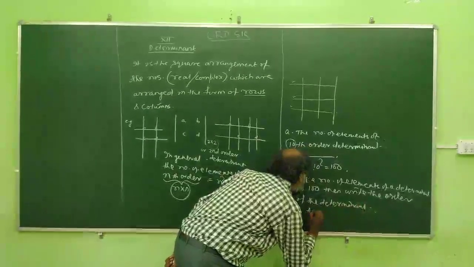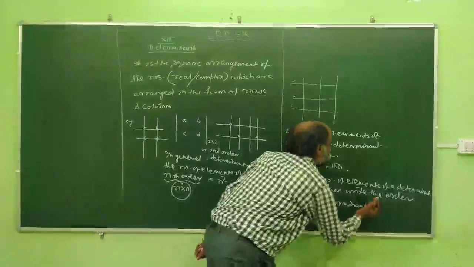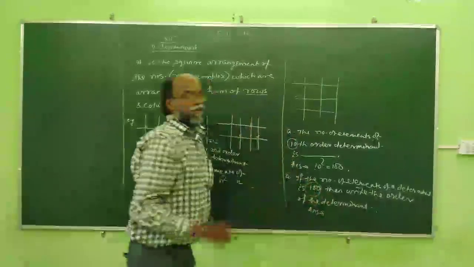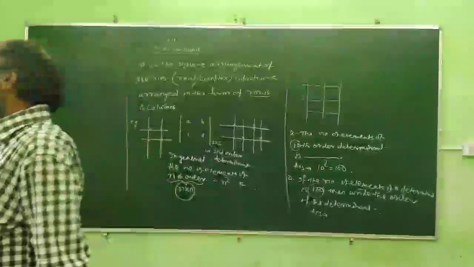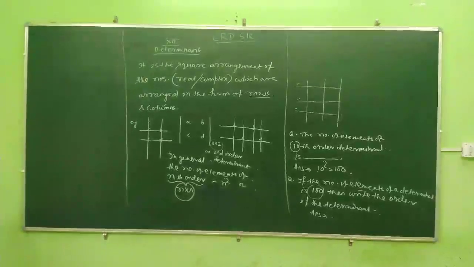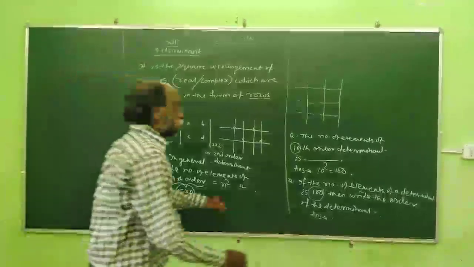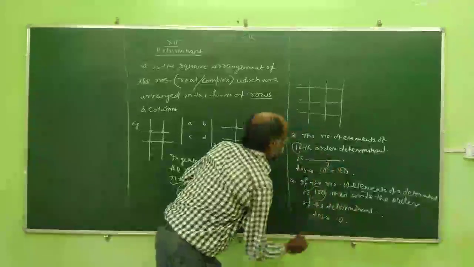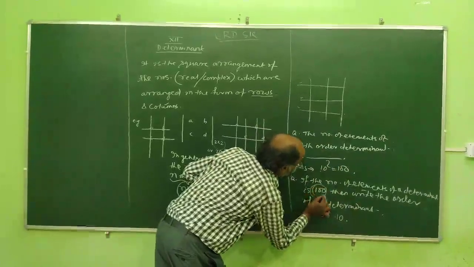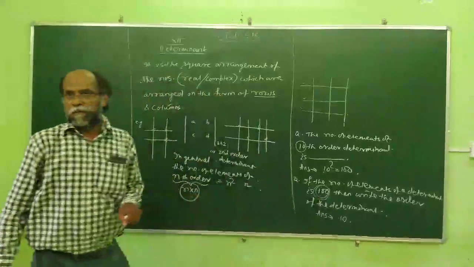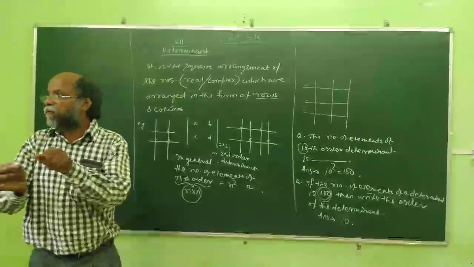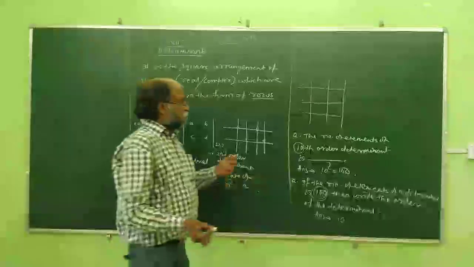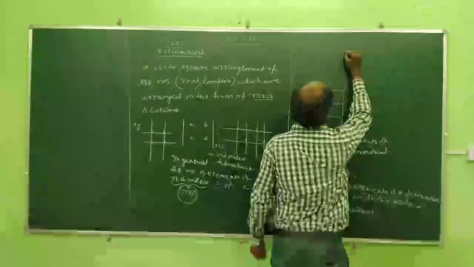Now, how many elements are there? 100. And it is a perfect square. Because it is 10 square. So, order will be 10. Suppose the number of elements is not a perfect square, then those cannot be the elements of a determinant. Okay? Suppose, let us find another question.